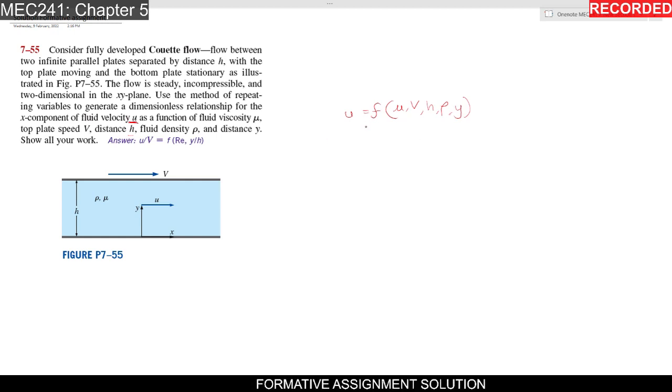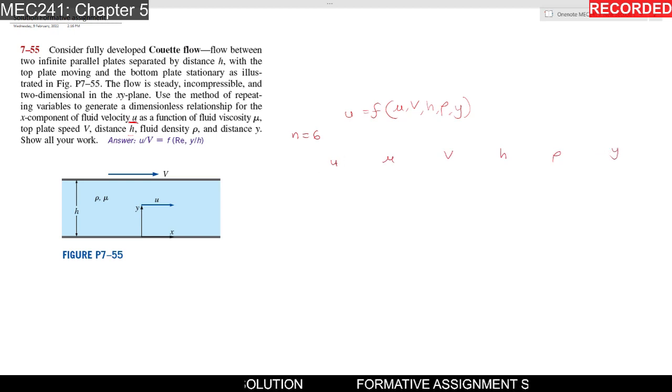Right now we already identified there are 6 variables that we have to consider in our repeating variables method. So we put n equal to 6, and then we list down u, mu, V, h, density rho, and y.